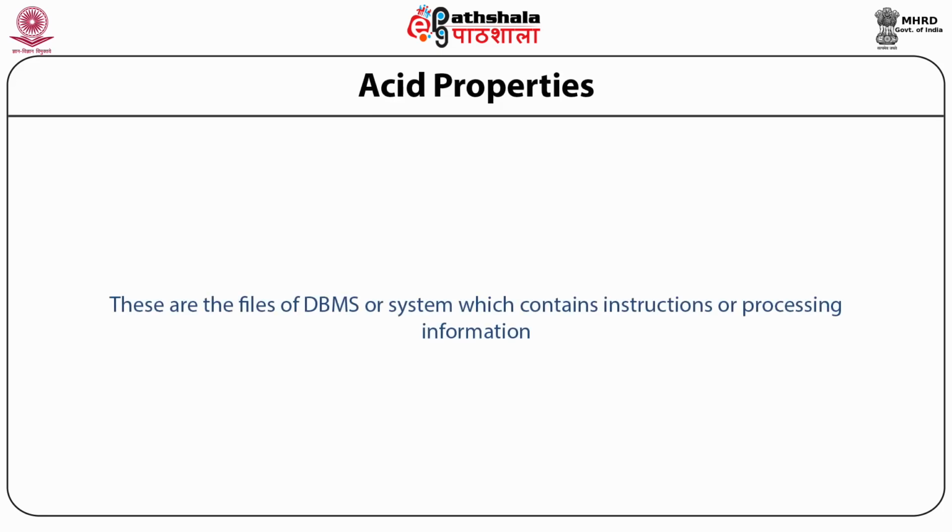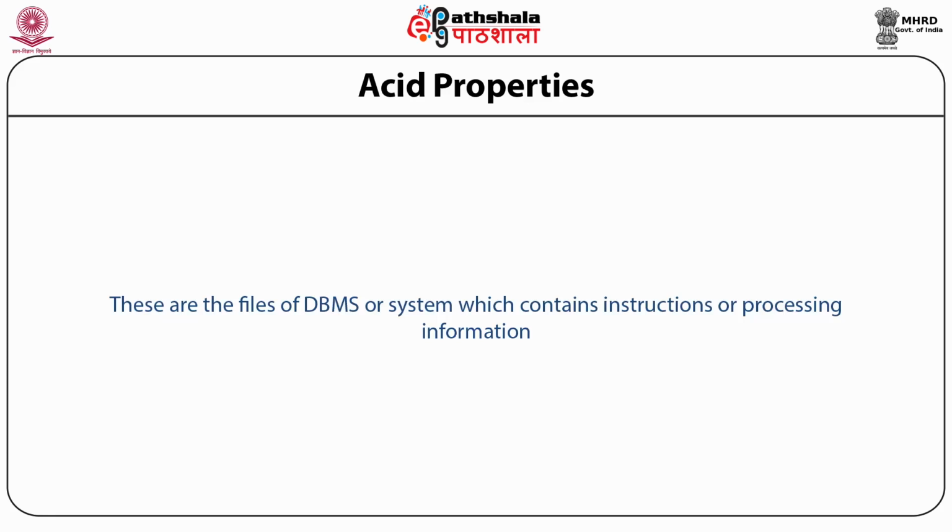Program files. Program files are the files which are part of a database management system. These files contain instructions or processing information. Normally, program files are the actual programs or the part of the software which contains the processing instructions, how a particular activity has to be done.